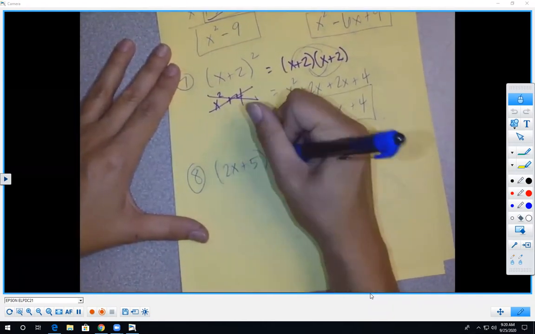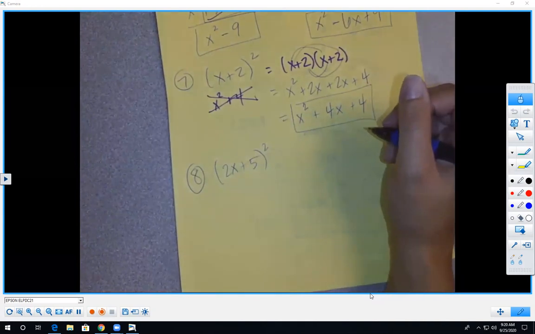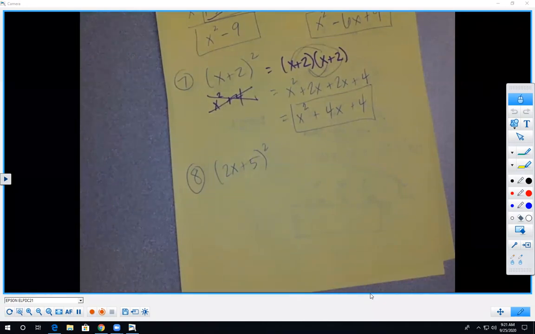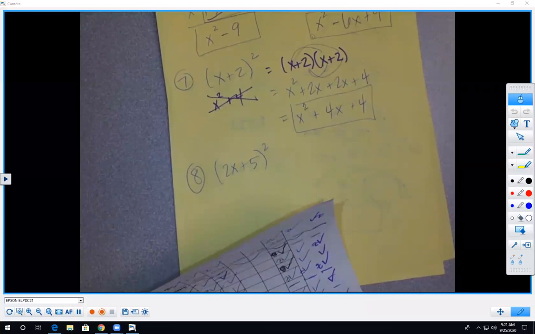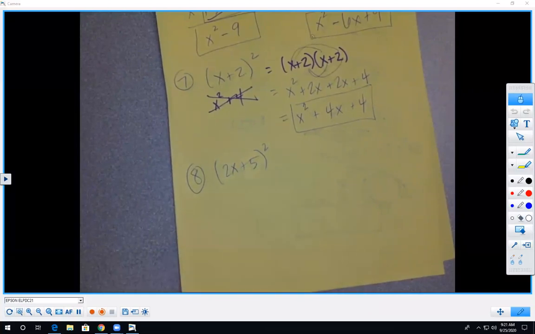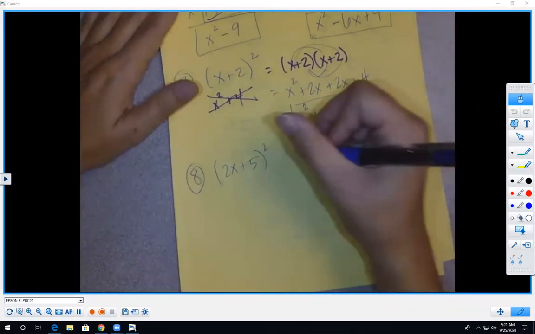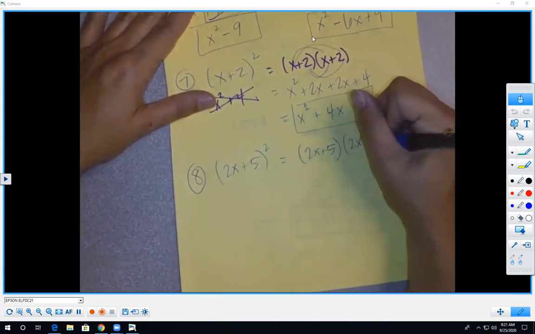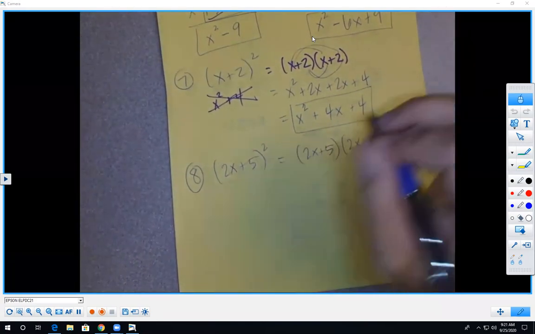If I had 2x plus 5 squared. So remember, this means write it twice. 2x plus 5 times 2x plus 5.